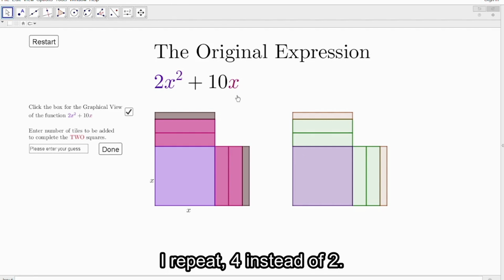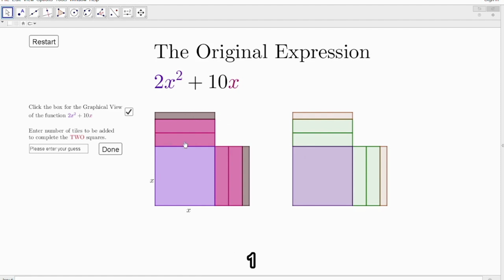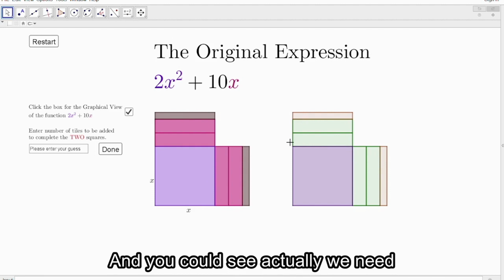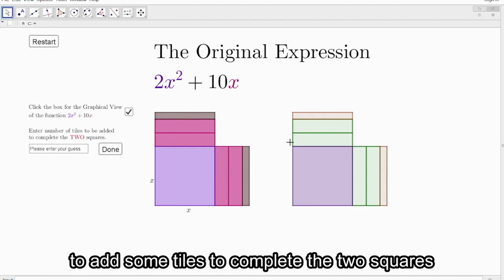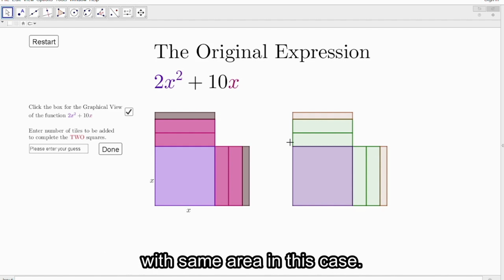I repeat, 4 instead of 2. 1, 2, 3, and 4. And you could see actually we need to add some tiles to complete the 2 squares with the same area in this case.